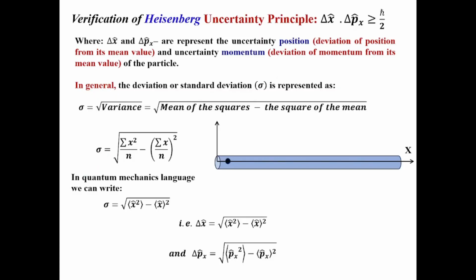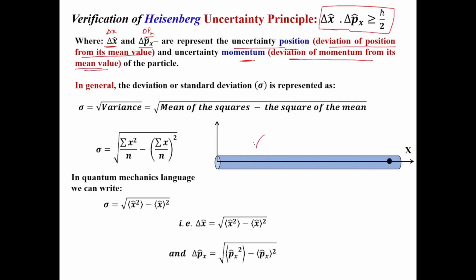This expression, the Heisenberg uncertainty principle, we have to verify with the help of our previous results, where delta x cap and delta px cap, also written as del x and del px in most books, are the uncertainty in position and momentum. Uncertainty in position can also be written as the deviation of position from its mean value, and uncertainty in momentum as the deviation of momentum from its mean value.